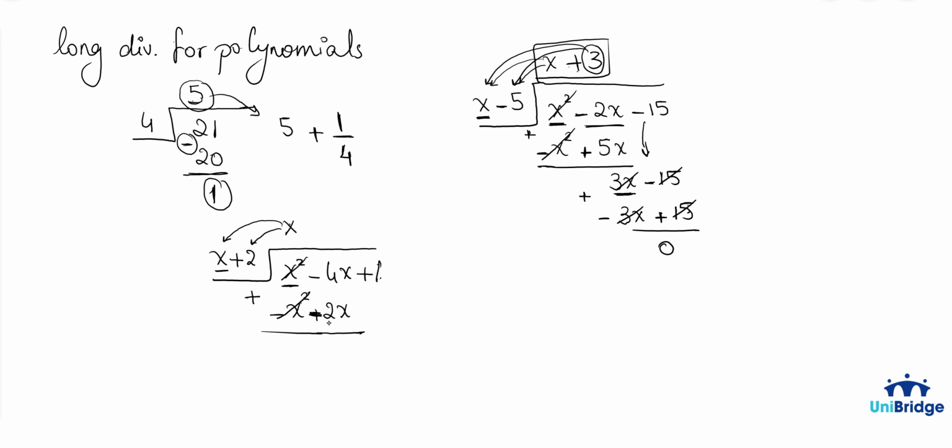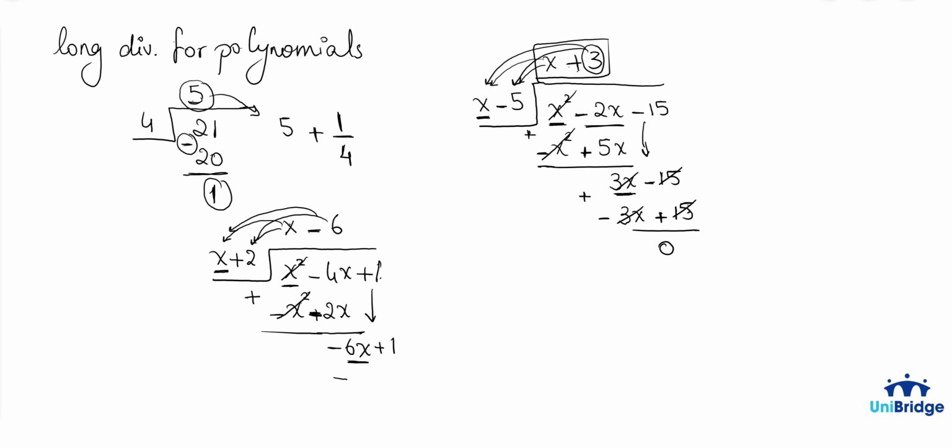Negative 4x minus 2x is negative 6x, and you bring down the 1 that you just got here. So you take the first divided by the first. So negative 6x divided by x is negative 6. You take the negative 6 that you just got, you multiply it by the two terms you're dividing by.